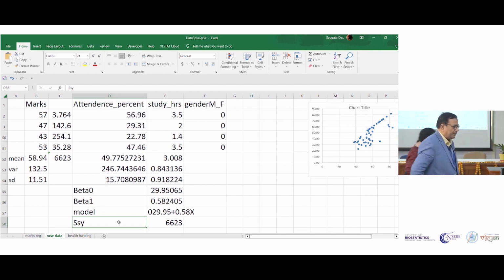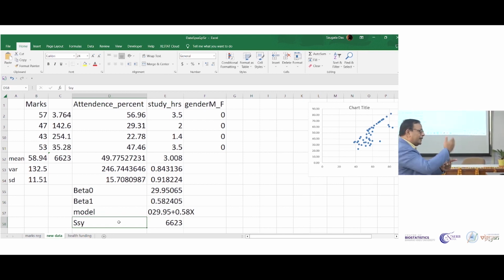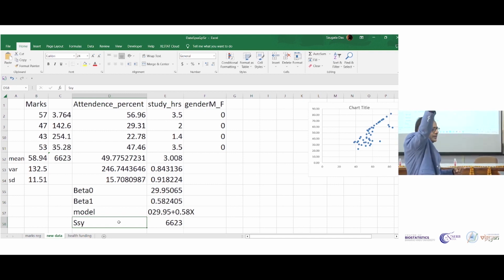What is the first question? How much variation is due to attendance percentage? This is the variation 6623. Is it due to only marks or so many reasons?